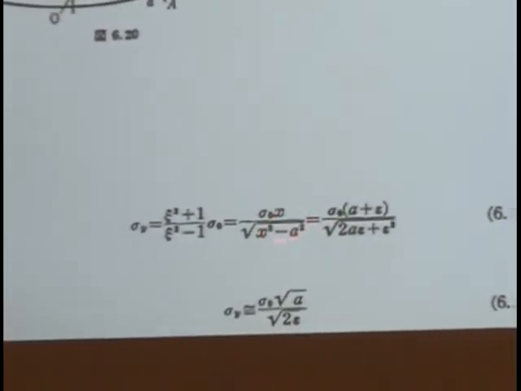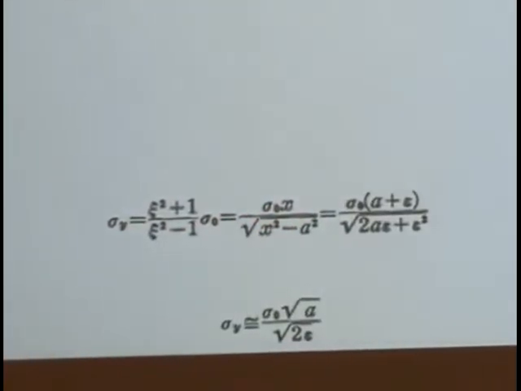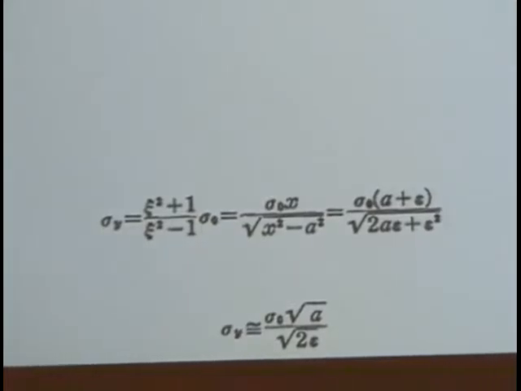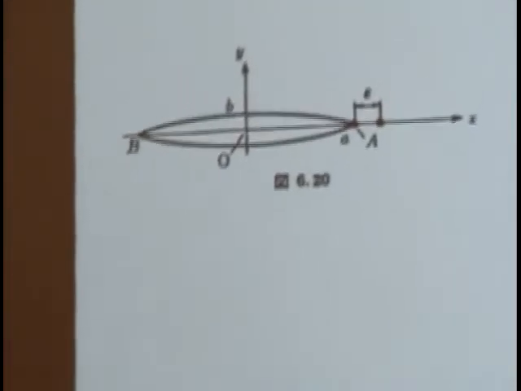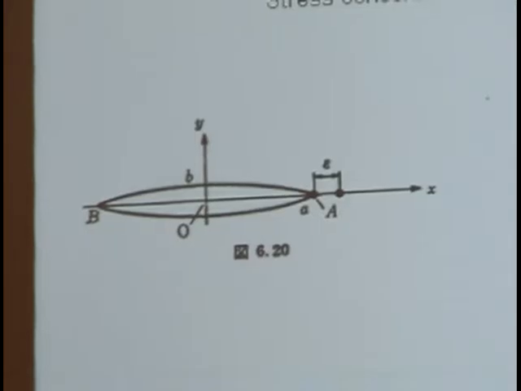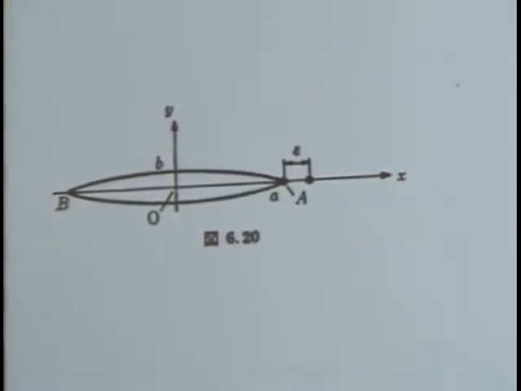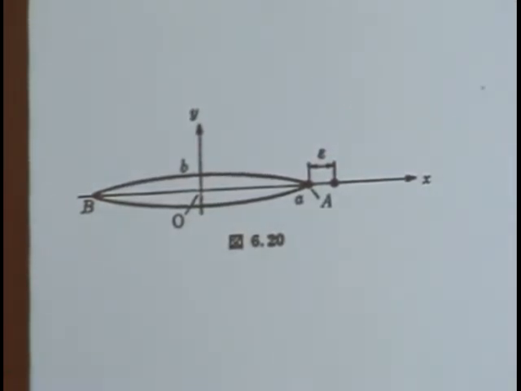This is the exact solution along the x-axis, sigma y on the x-axis. So putting x to infinity, in a remote distance, the stress should approach sigma 0, the remote stress.